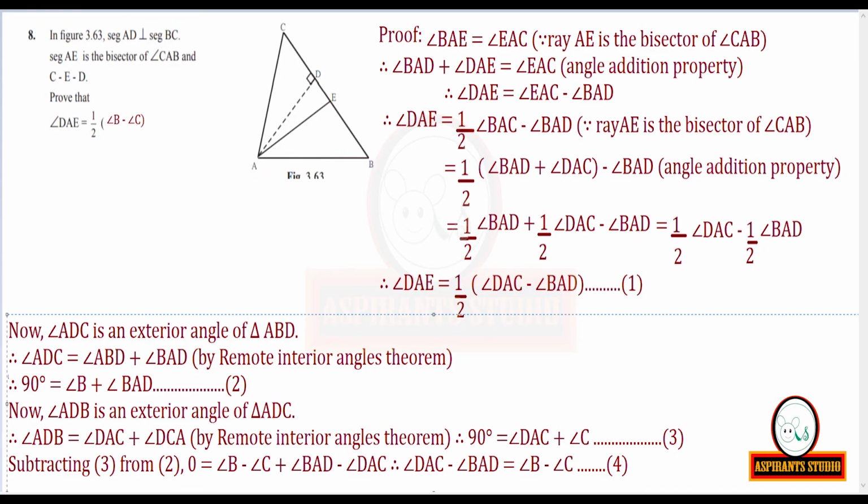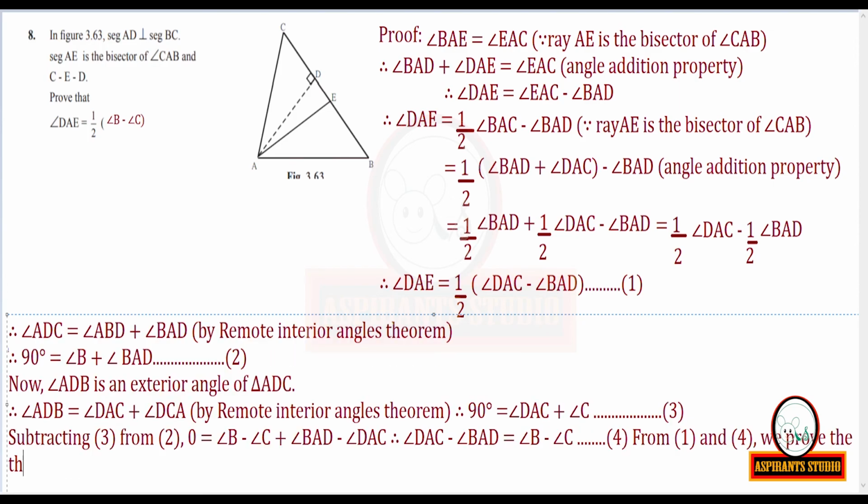Now look at equations 1 and 4. In equation 1, what is there within the brackets? You have angle DAC minus angle BAD. But what you have in equation 4? The value of that is measure of angle B minus measure of angle C. So instead of measure of angle DAC minus measure of angle BAD, you can substitute measure of angle B minus measure of angle C. So you will get measure of angle DAE is equal to half of measure of angle B minus measure of angle C. So equation 1 becomes like this.